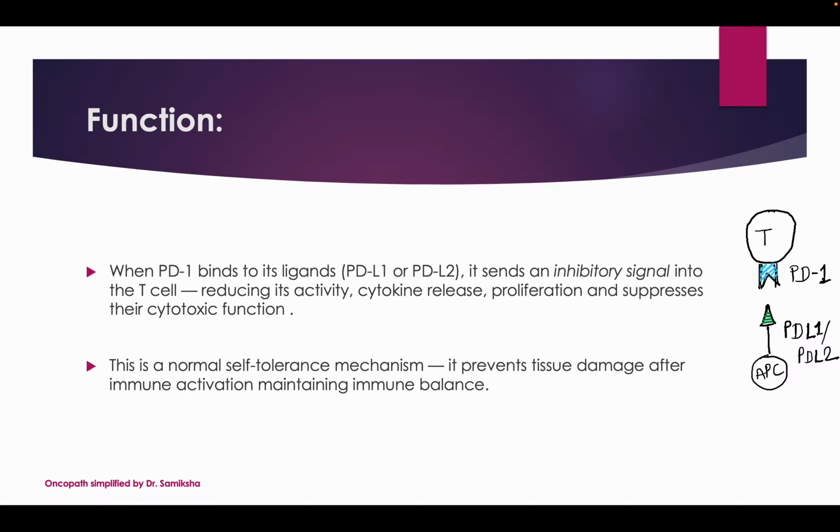This bond is formed, and whenever this bond is formed, it gives an inhibitory signal to the T cell, which leads to its reduced activity, decreased cytokine release, decreased proliferation, and ultimately this suppresses the cytotoxic function of this T cell. Now this is a normal self-tolerance mechanism and it prevents tissue damage after immune activation.